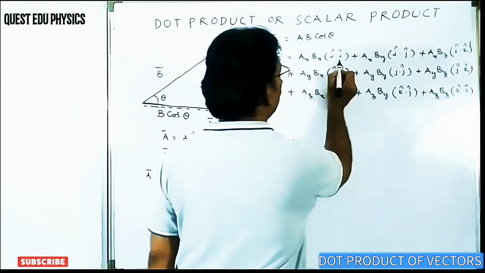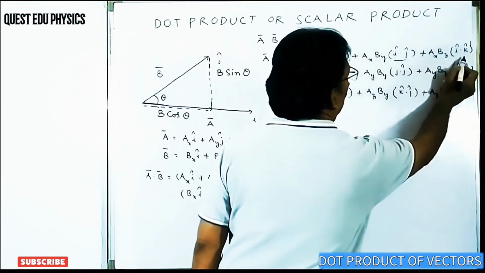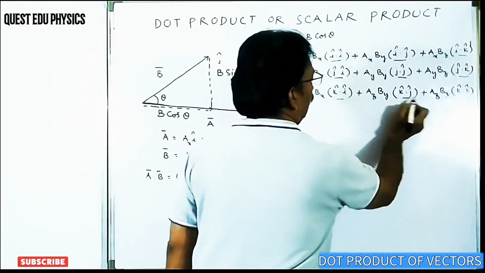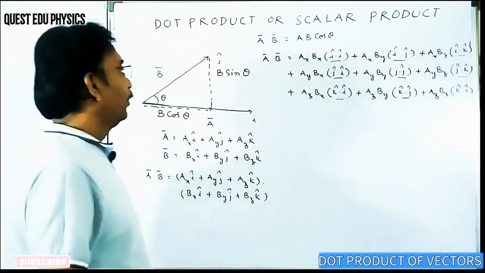Now we have to multiply these vectors, that means the unit vectors. We have to understand what result we yield.